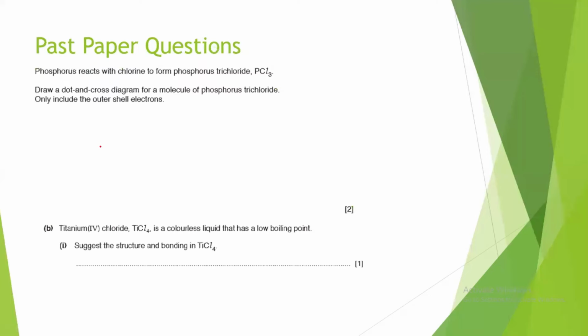So there are some past paper questions. Phosphorus reacts with chlorine to form phosphorus trichloride. Draw a dot and cross diagram. Phosphorus is 15-31, so it has 2, 8, and 5 electrons, with 5 in its outermost shell. So it needs 3 more electrons to complete its outermost shell. So it is going to make 3 bonds with chlorine like this.